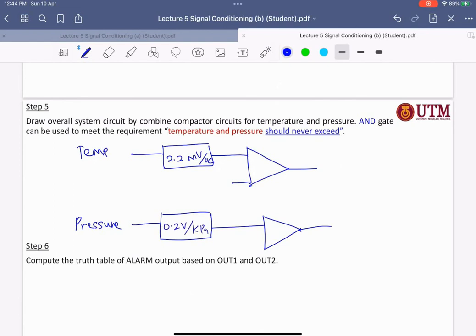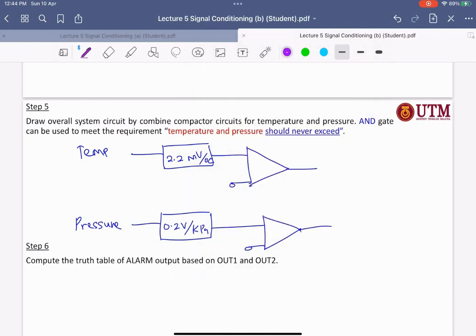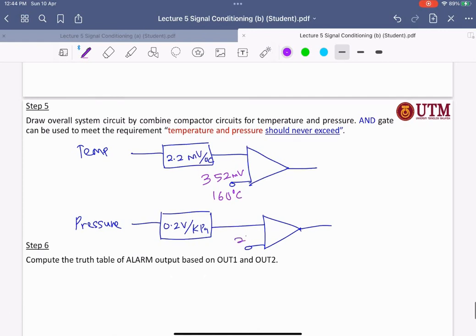Your reference now is 352 millivolt, which represents 160 degree, and this one is 2 millivolt, which represents 10 kPa, plus minus. So this is output 1 and output 2, your temperature and also pressure.